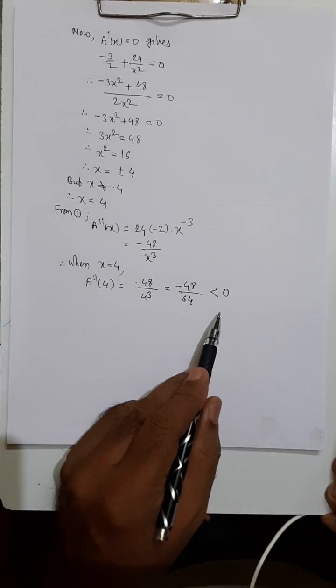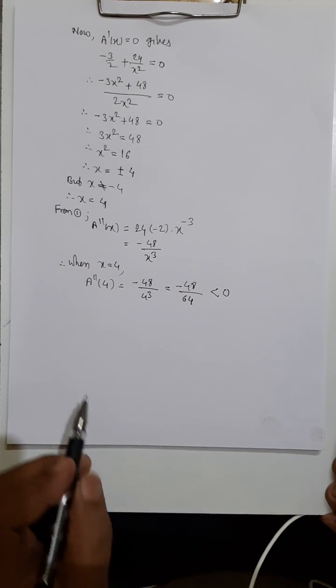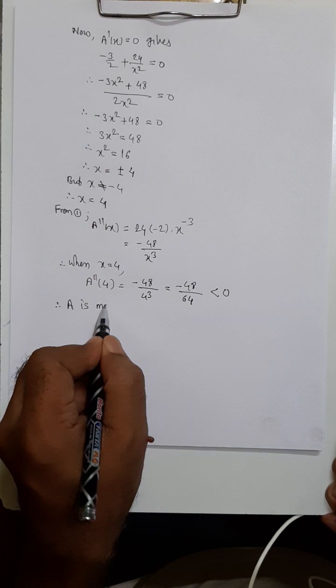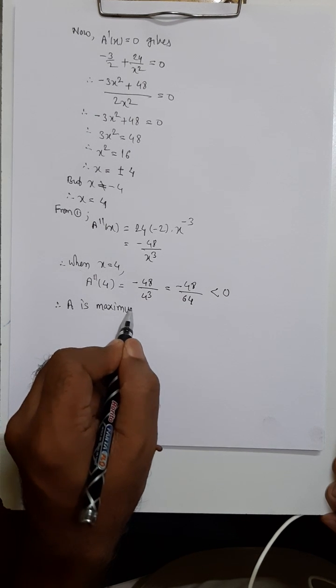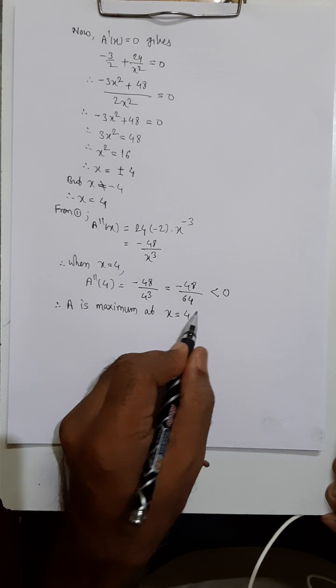The second derivative negative means we have shown that A is maximum, that is area of printed space is maximum, and therefore we have shown A is maximum at point x equal to 4.